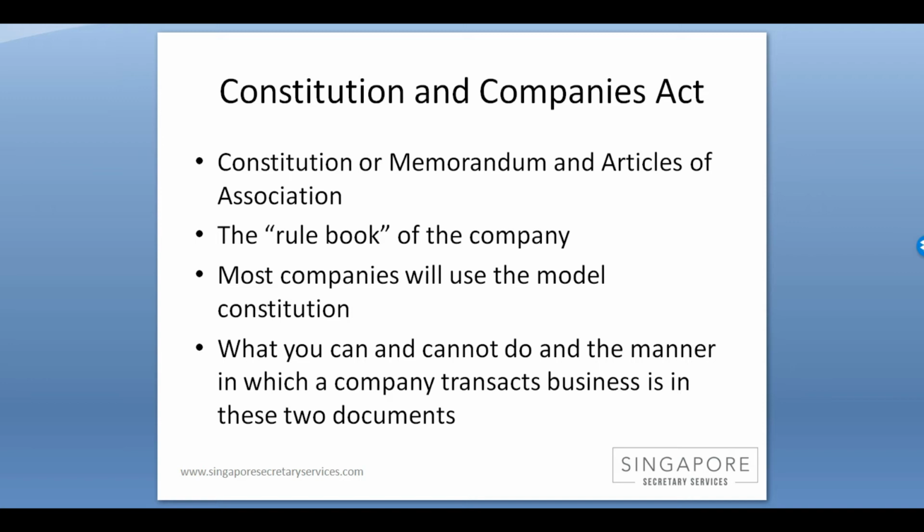And I always tell them that it's not the same for every single company, because I need to see your constitution or your memorandum and articles of association, because the document will tell me how your company is to be run. So certain changes that you want to do to the company, you have to follow this rule book of the company. And in most cases, most companies will use the model constitution.